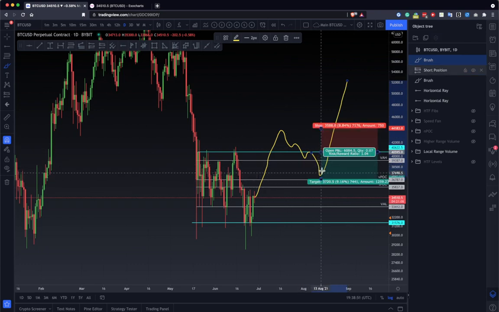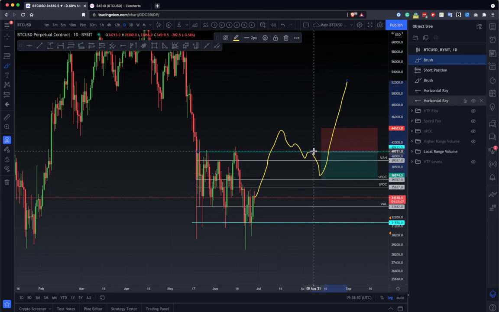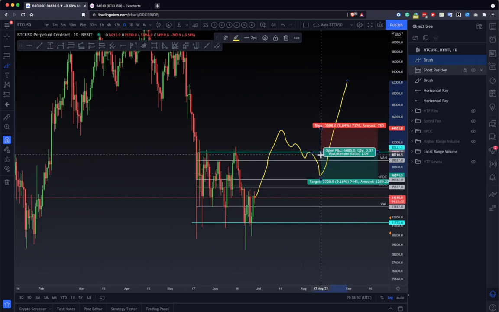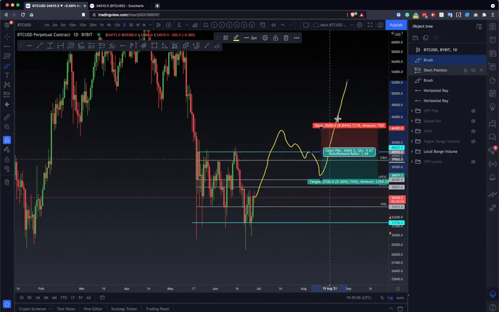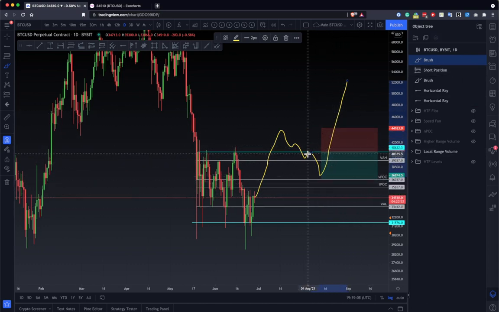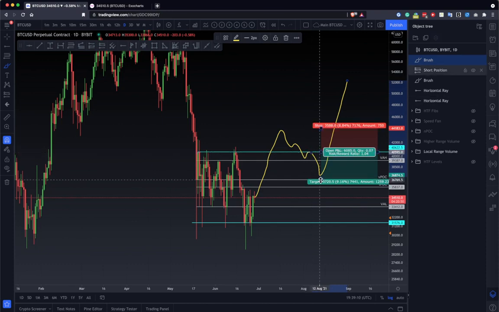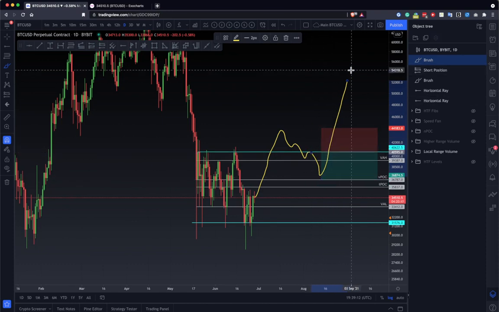If you take 50% of your profit and put your stop loss at break even, when the price goes through this, you made money. Otherwise it might be a winning trade that becomes a losing trade. You never know what the next action is.